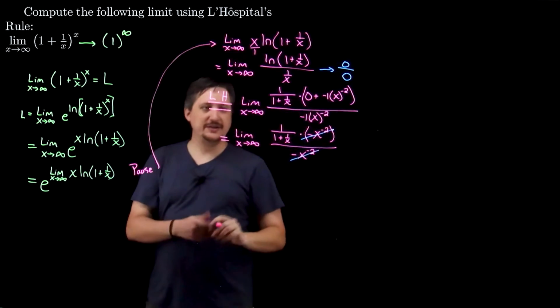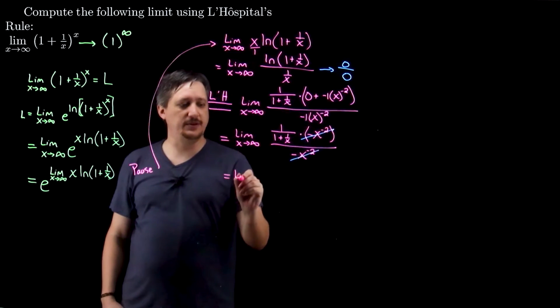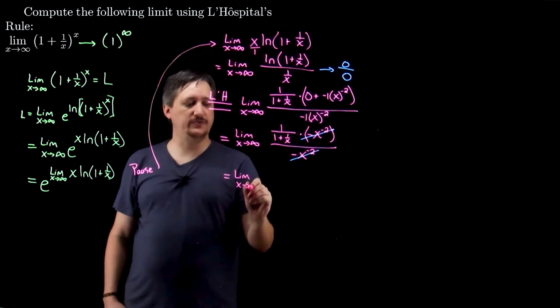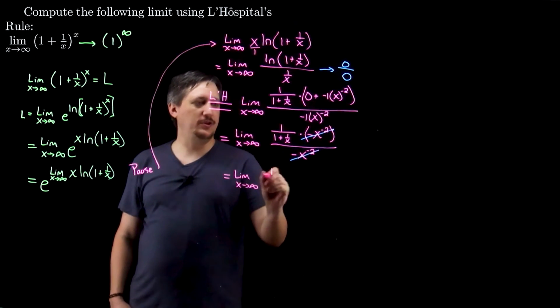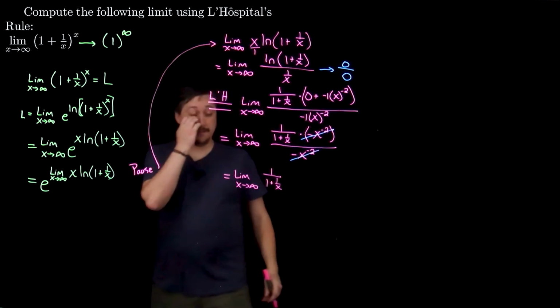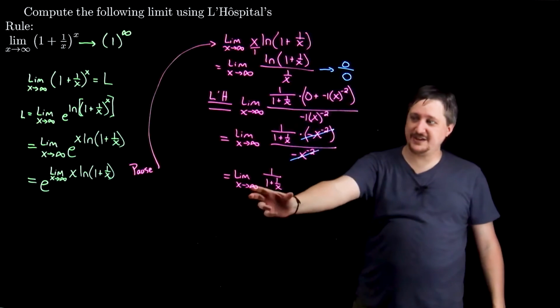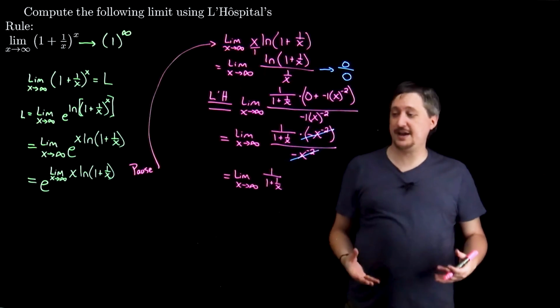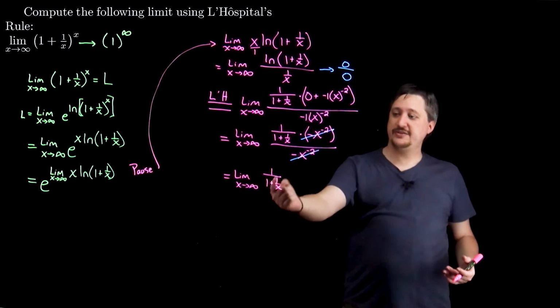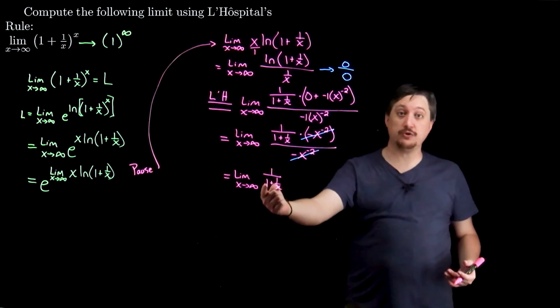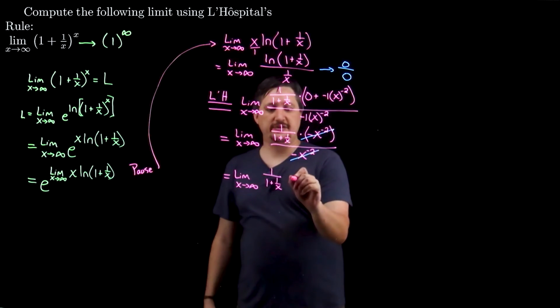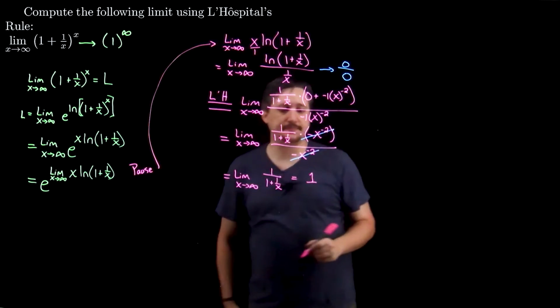So this really is just the limit as x goes to infinity of 1 over 1 plus 1 over x. All of this craziness to get here, but now when I see what happens as x gets infinitely large, this term goes to 0, this whole thing becomes 1 over 1, so this becomes 1.